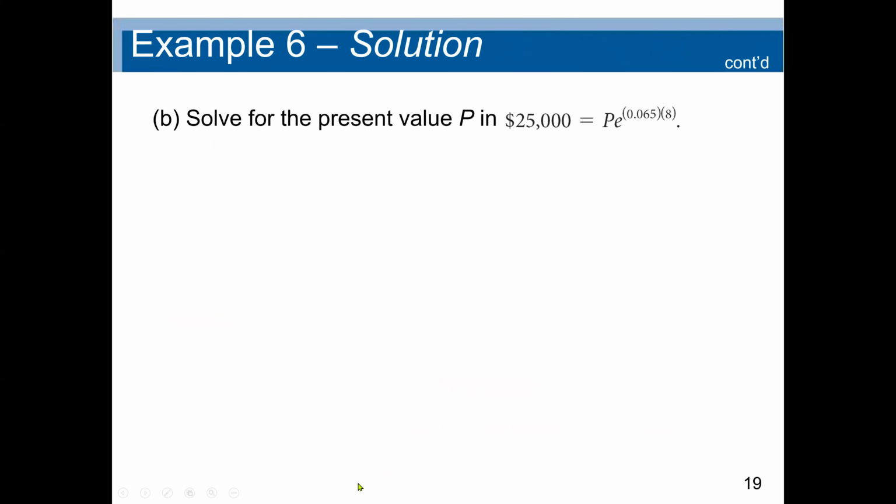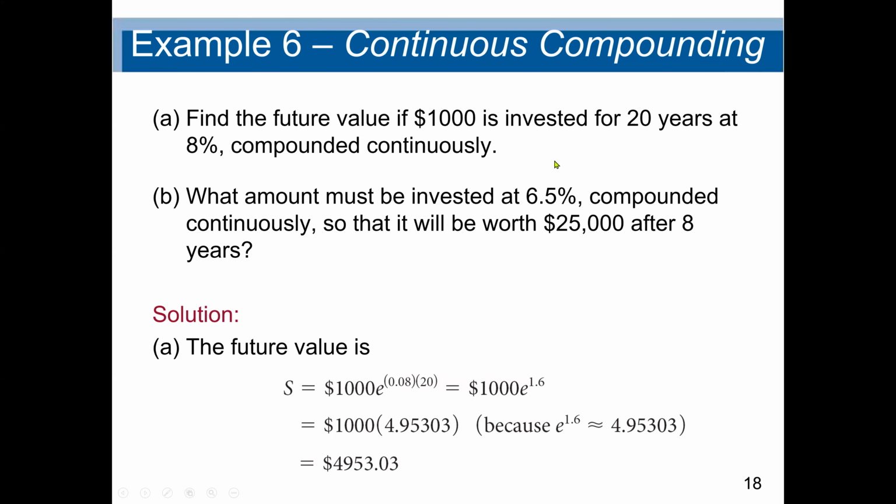Then we can also do part B. The B says to find the present value P if the future value is 25,000. So let's look at the question again. What amount must be invested? So we want to know the amount that will be invested, the P value, at 6.5%, compounded continuously, so that our future value will be $25,000 after 8 years.